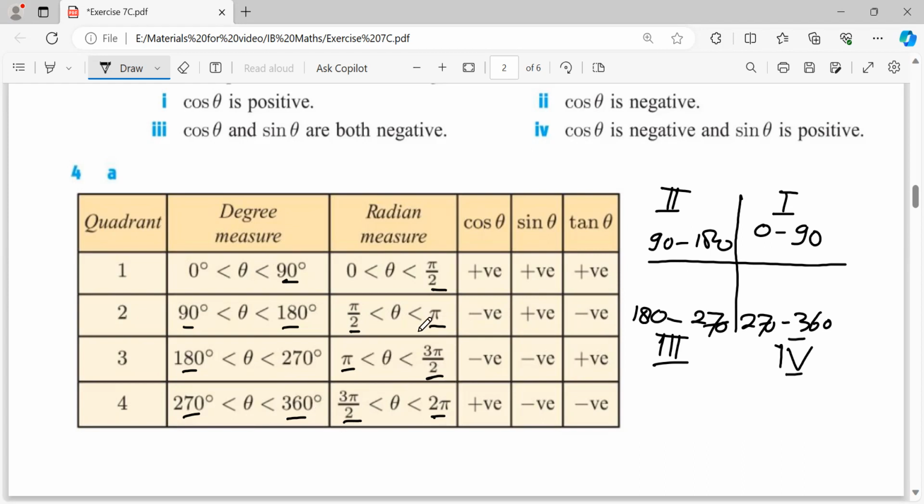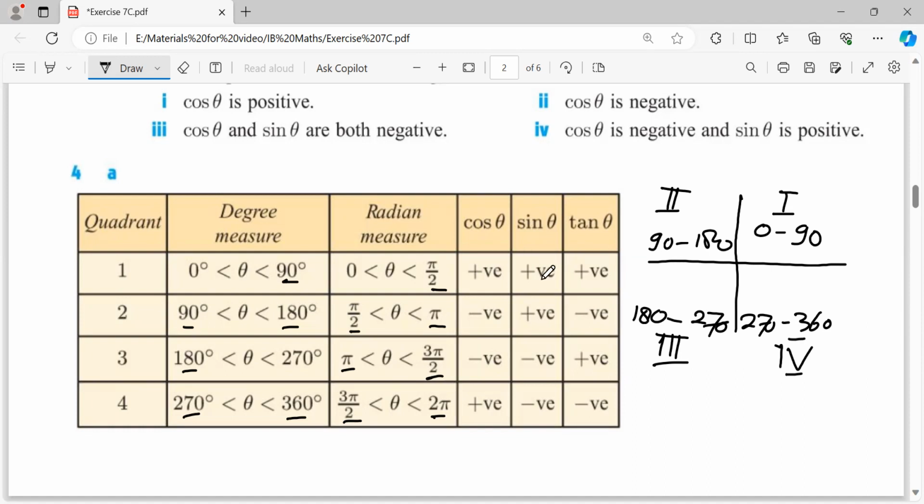And for cosine theta, the values in quadrant 1 are positive. All cosine theta in this quadrant are always positive.